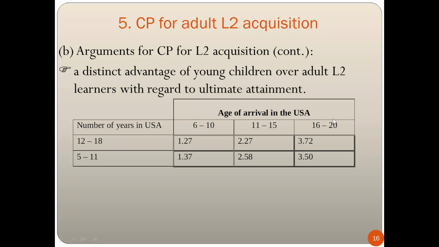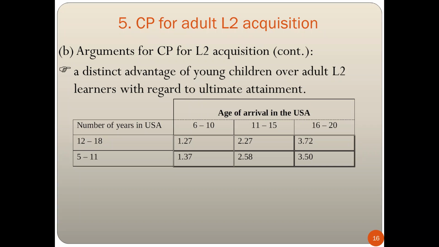And they collected spoken samples in English from all participants. So they asked them to say something in English, to read several sentences. They recorded these samples, and then they played the samples to a panel of native speaker judges.